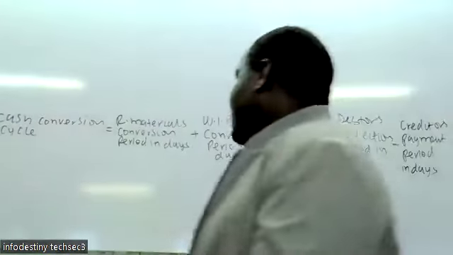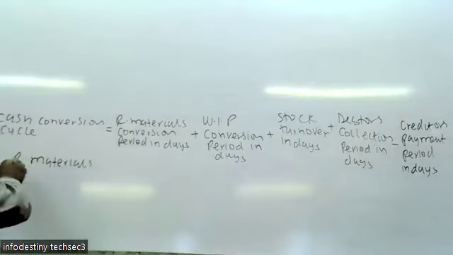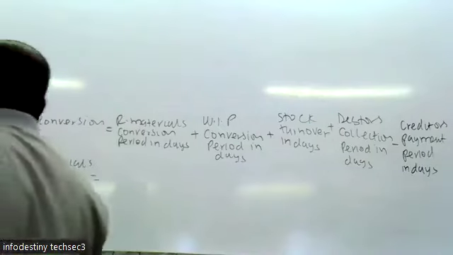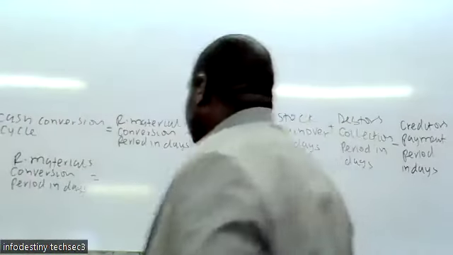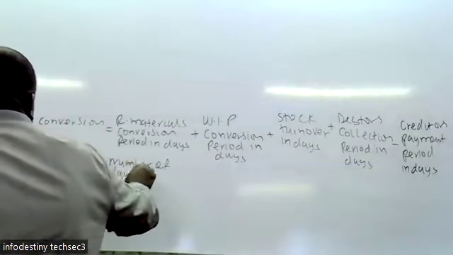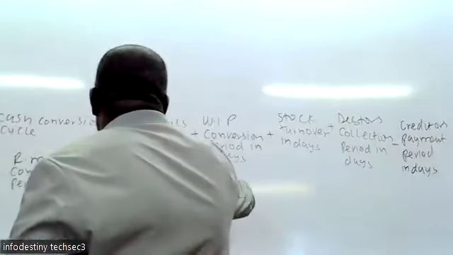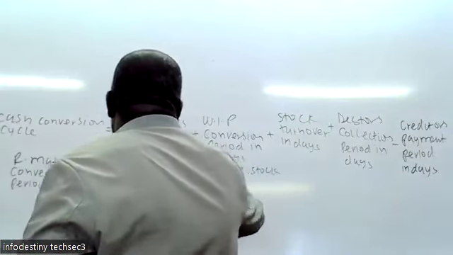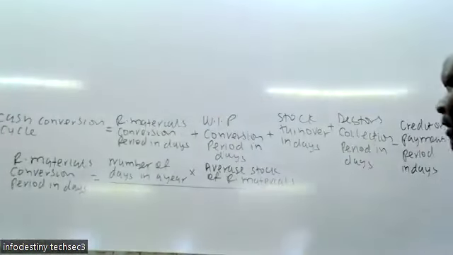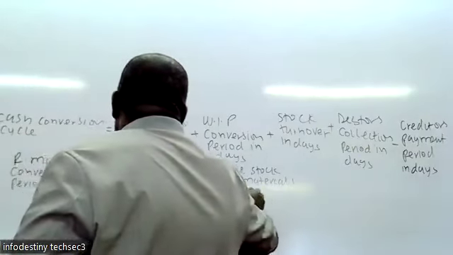So if you want to compute the raw materials conversion period, it is supposed to be given by number of days in a year, we multiply by average stock of the raw materials, we divide by the purchases of the raw materials.